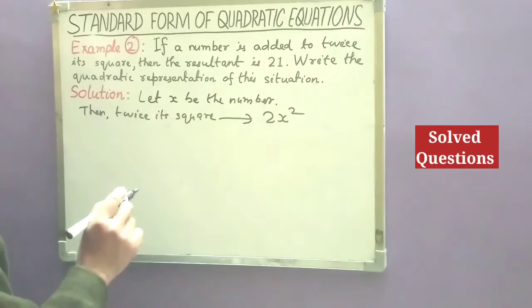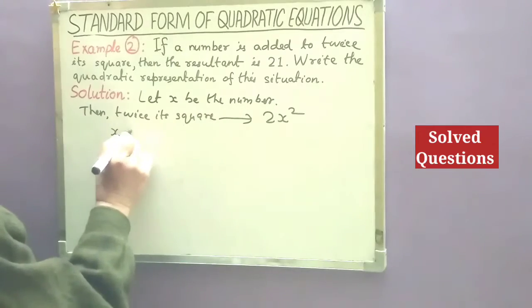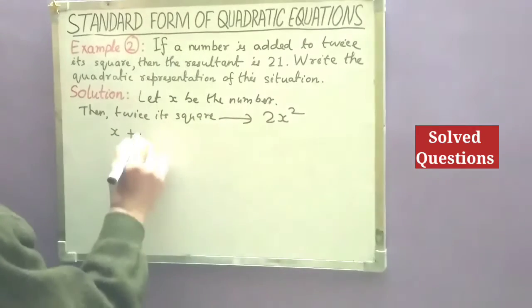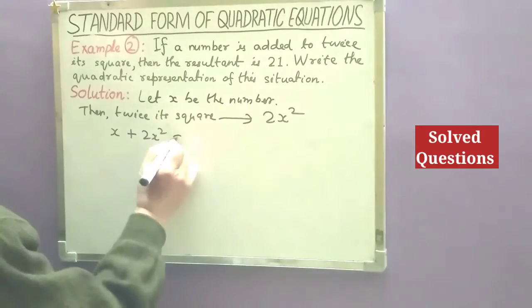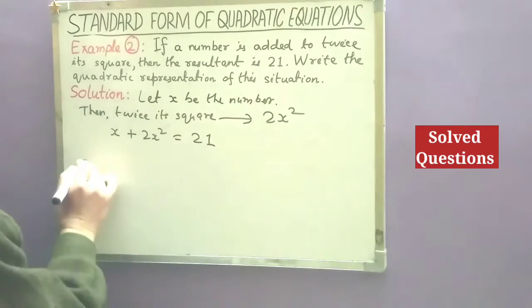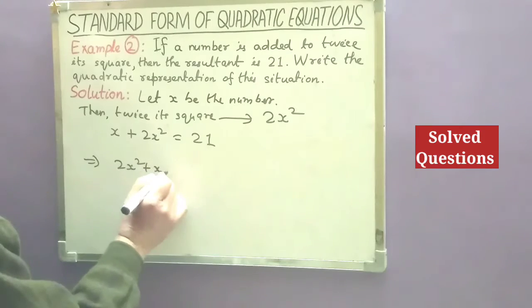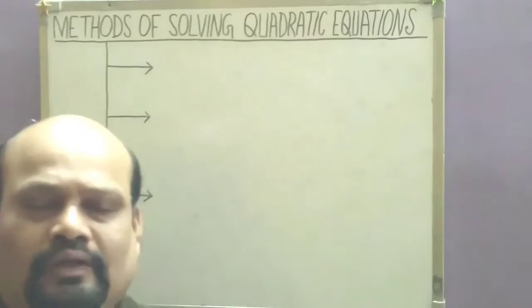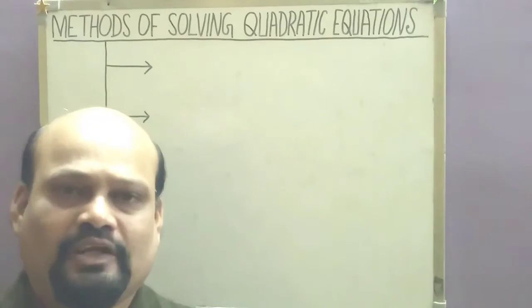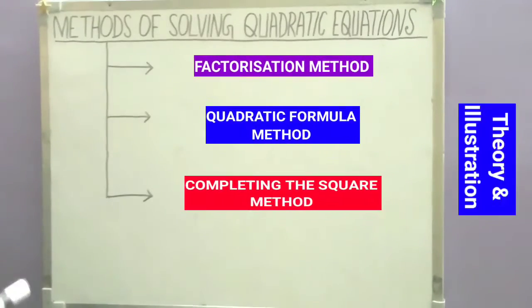Hence, the required quadratic equation is given by x + 2x² = 21. That implies that 2x² + x − 21 = 0. That's your answer.